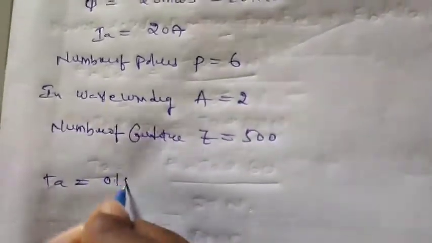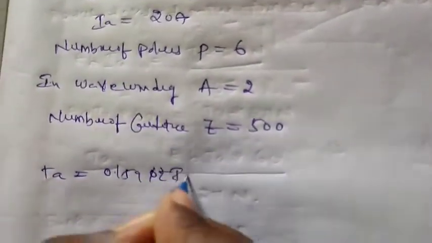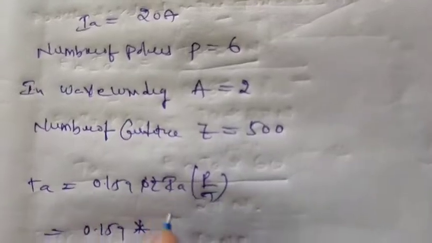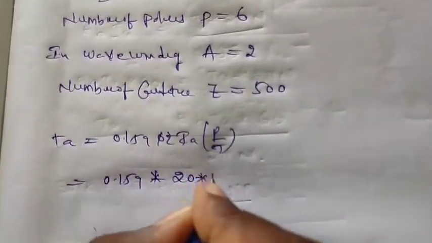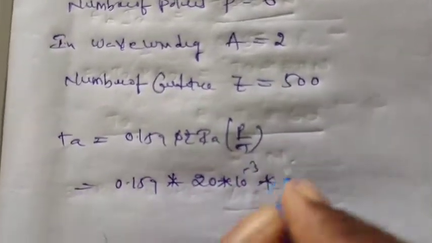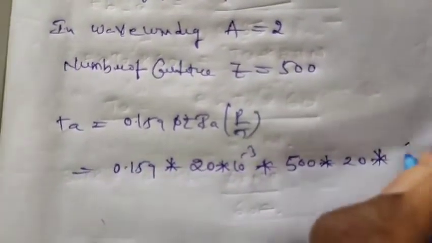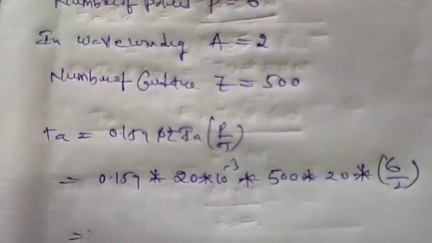The torque equation equals 0.159 phi Z IA into P by A. 0.159, phi value is 20 into 10 power minus 3, Z is 500, IA is 20, P by A is 6 by 2.